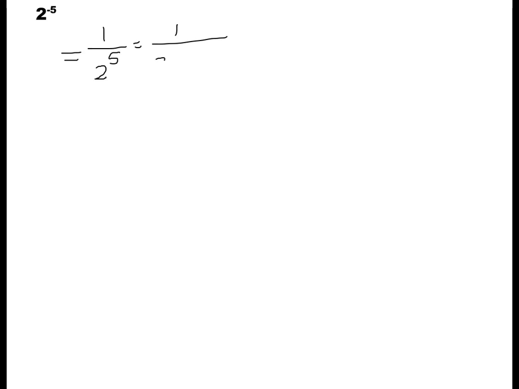This can be written 2 times 2 times 2 times 2 times 2, 5 times. Now, if you have a calculator, you can find what is 2 times 2 times 2 times 2 times 2, or you can do it individually. For instance, 2 times 2 times 2 is going to give you 8, 2 times 2 is going to give you 4, 8 times 4 is 32, so 1 over 32.